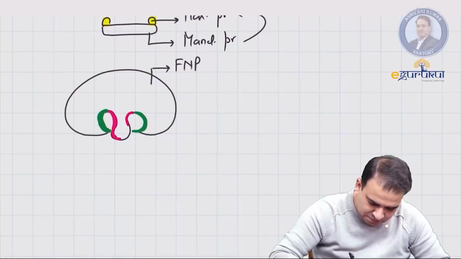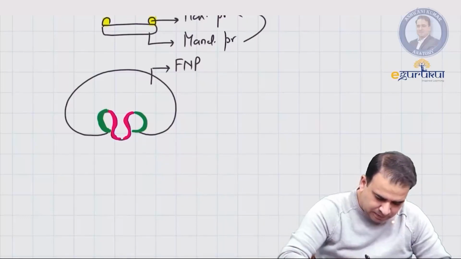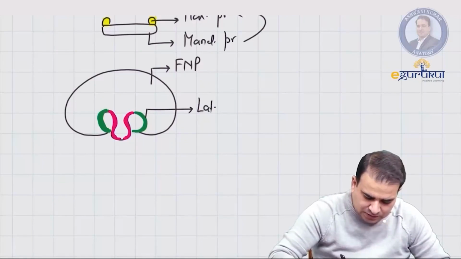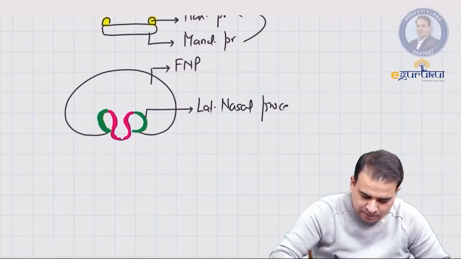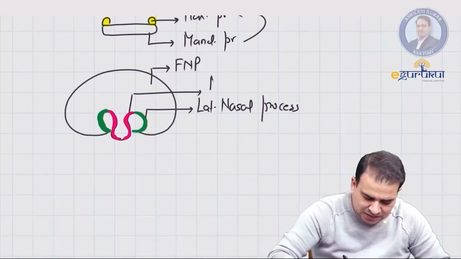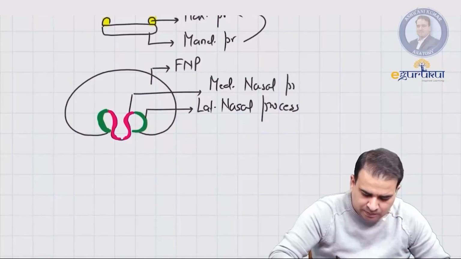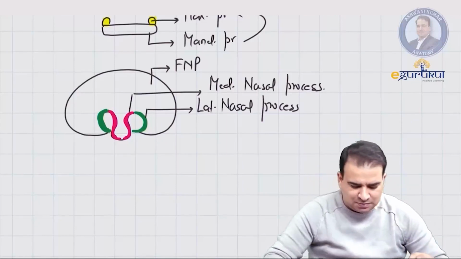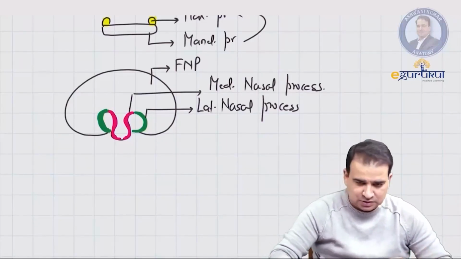This elevation here is the medial nasal process or prominence. Let me write that. This is the lateral nasal process or prominence. We'll show you one comparative picture from the atlas also. And this is the medial nasal process. Part of the frontonasal process only, but now these elevations are called the medial nasal process and the lateral nasal process.